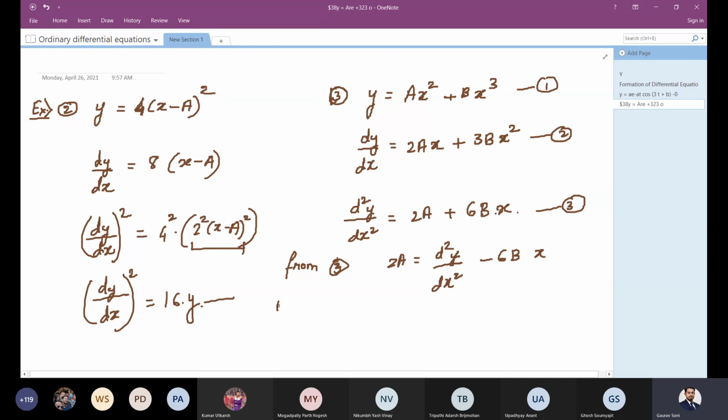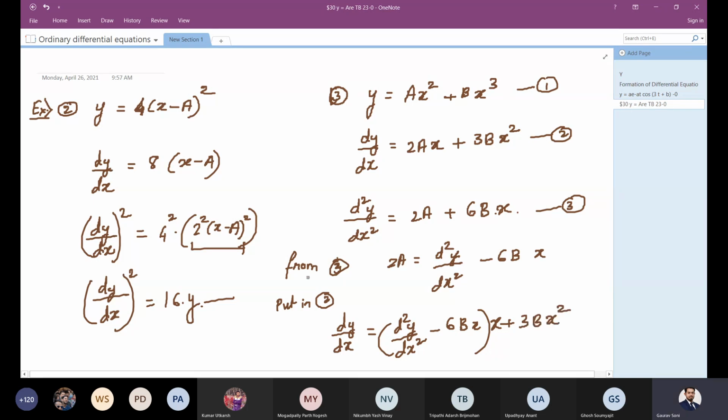Put in equation number 2. So what we get is dy by dx is equal to d2y by dx square minus 6bx into x plus 3bx square.